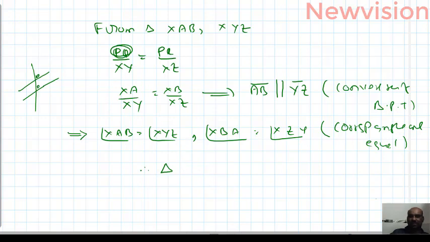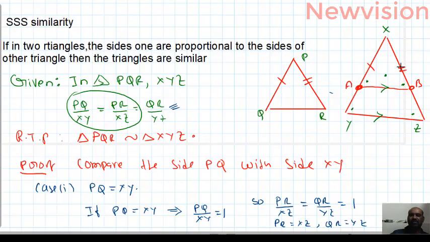Triangle XAB is similar to triangle XYZ. This is an important result. I think you people are following, no? Next I will prove that XAB is similar to PQR. My plan is to show that these two are congruent. Okay, I will prove it now.